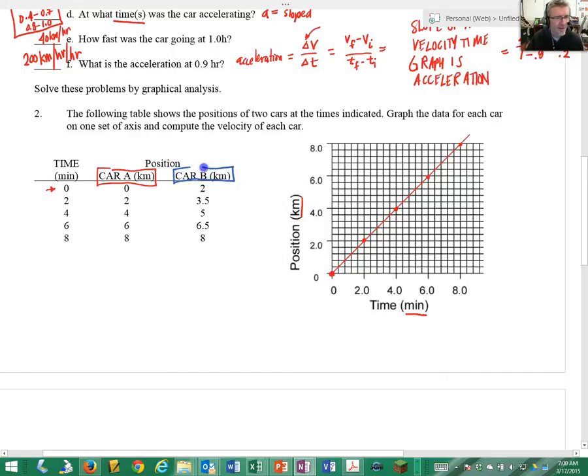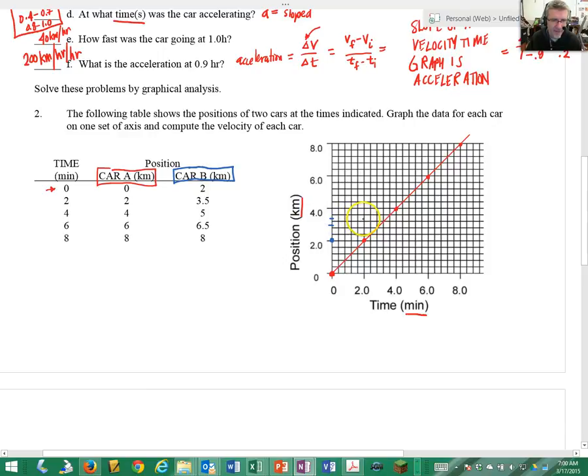And I know it also said find the velocity or the speed of each car. I'll do that in just a second. So at 0, car B is at 2 kilometers. So at 0, it's at 2 kilometers right here. And then at 2 minutes, it's 3.5. 2, right in the middle would be 3. 3.5 would be right in the middle here.